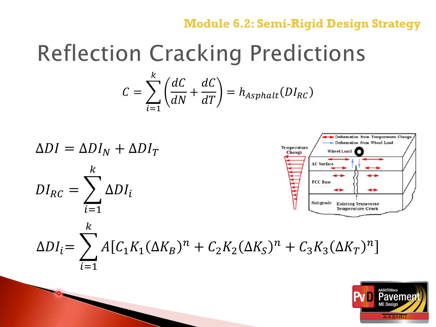And then total damage is defined by the incremental increases in shear, bending, and thermal individually. So conceptually, that's how reflection cracks are predicted throughout the life of the pavement, by combining different types of modes and different types of stress intensity factors.